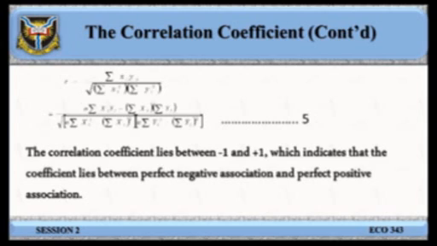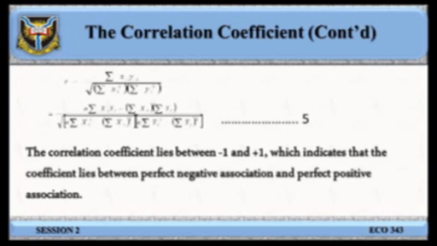The correlation coefficient is computed as follows. r is equal to summation xi yi over square root of summation xi squared, summation yi squared, is equal to n summation xi yi minus summation xi, summation yi, over square root of n summation xi squared minus summation xi squared, n summation yi squared minus summation yi squared.